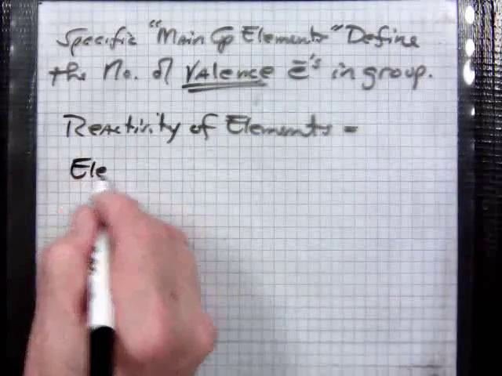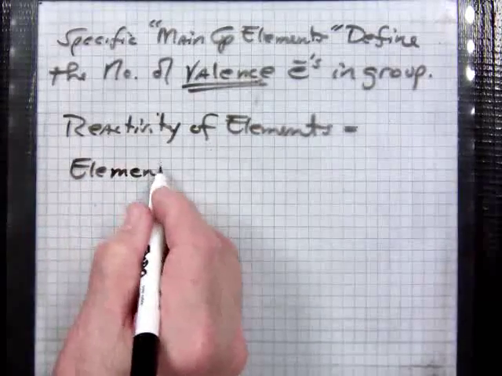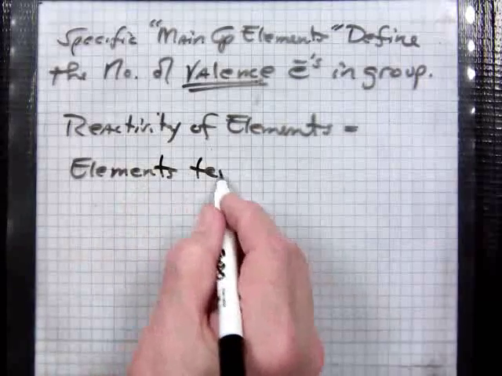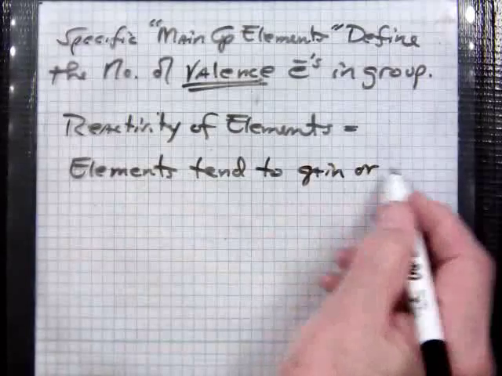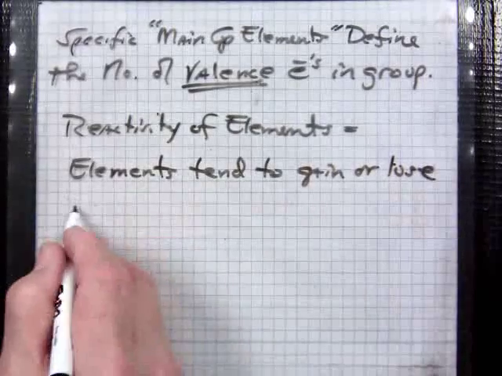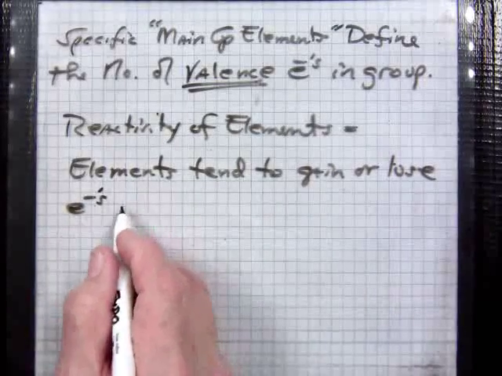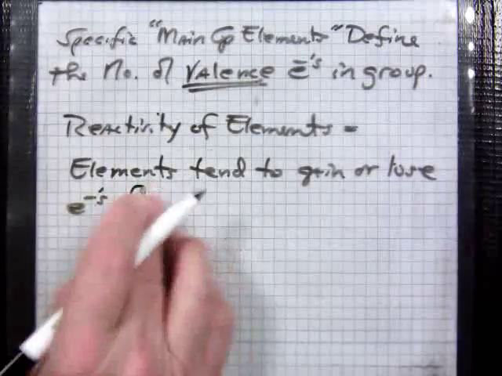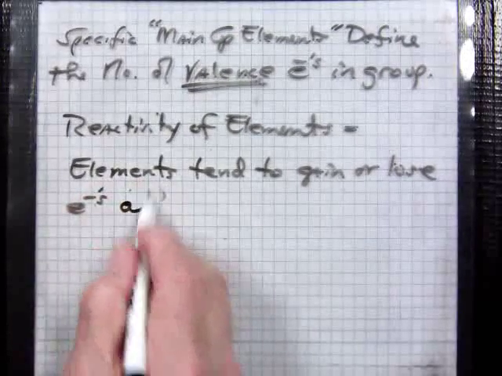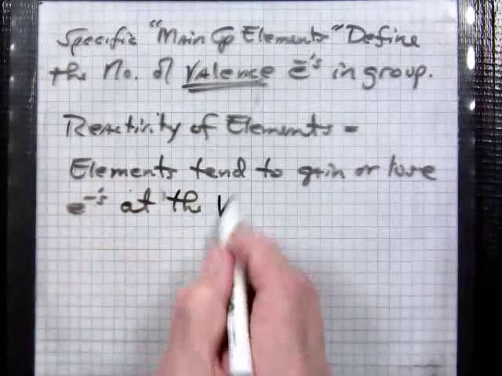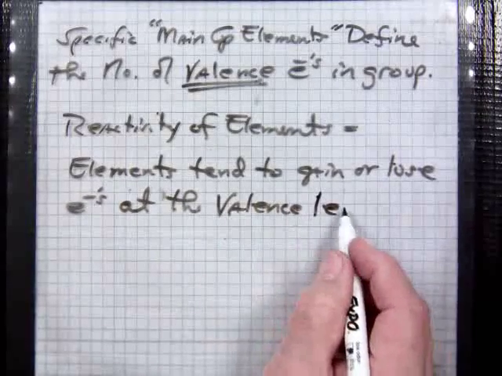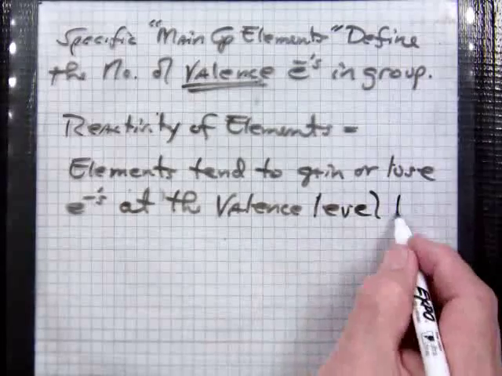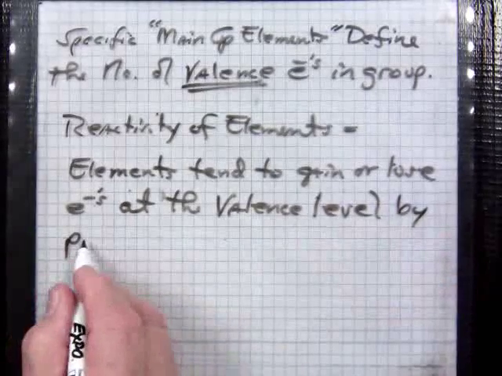Elements tend to gain or lose electrons at the valence level, I should say, by path of least resistance.